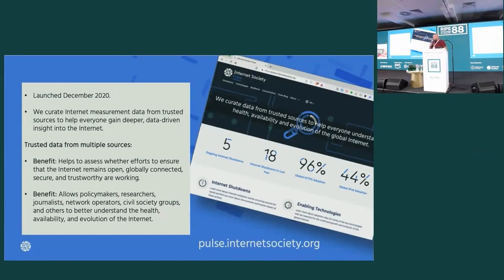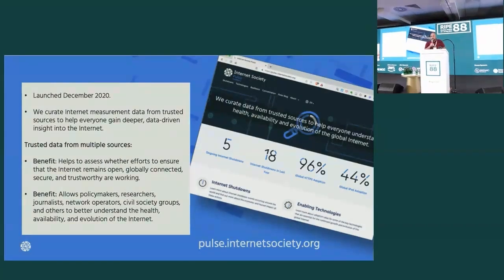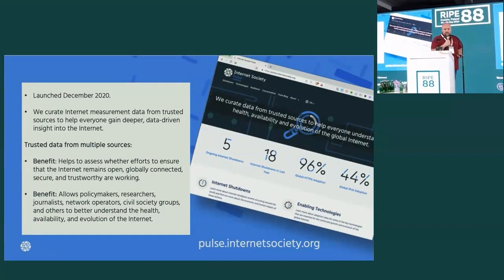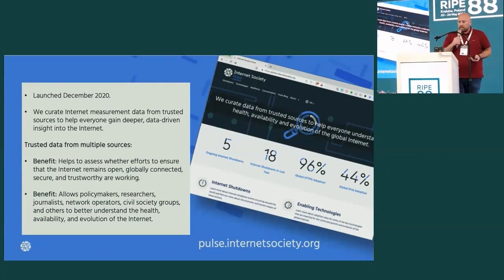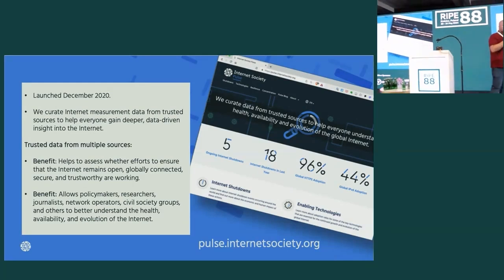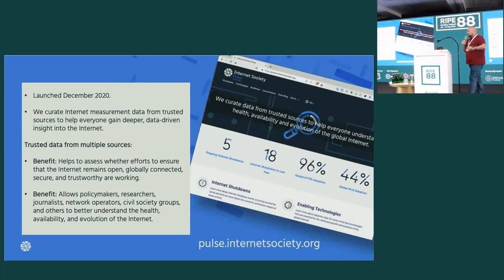We rely on a big array of trusted sources for the data, and the goal of this platform is for policymakers, researchers, journalists, basically anyone interested in understanding anything related to the health of the Internet to be able to rely on this platform and the data that it provides in their work.